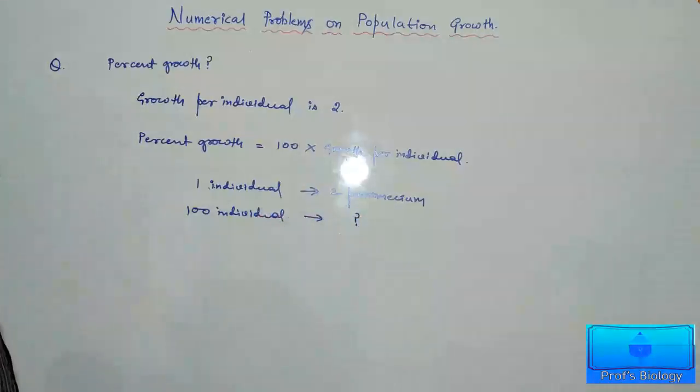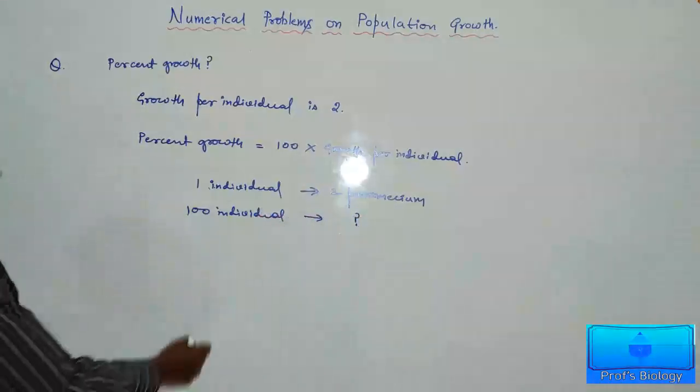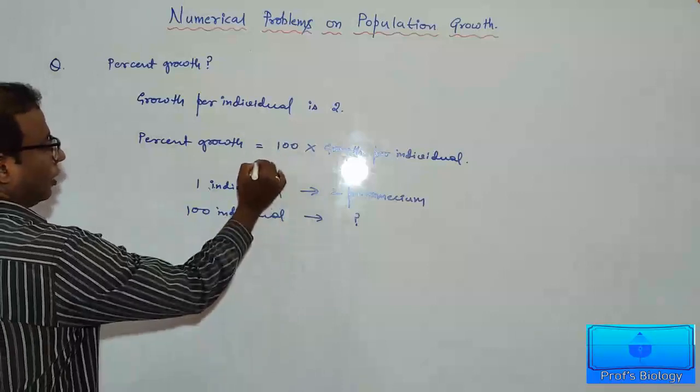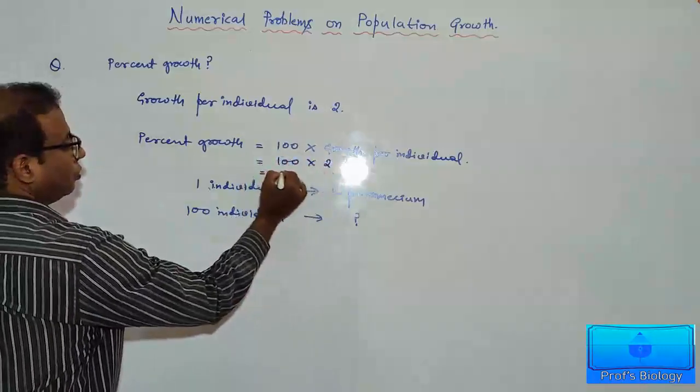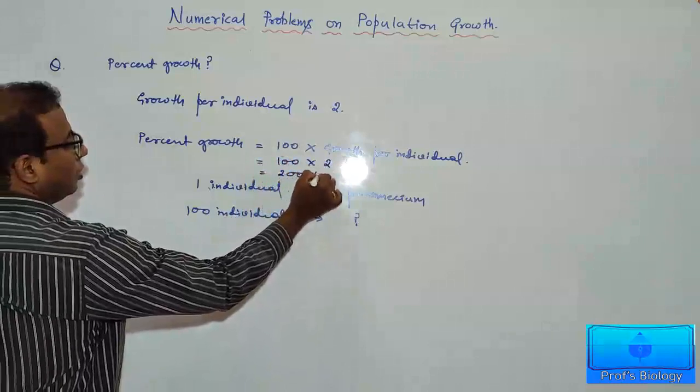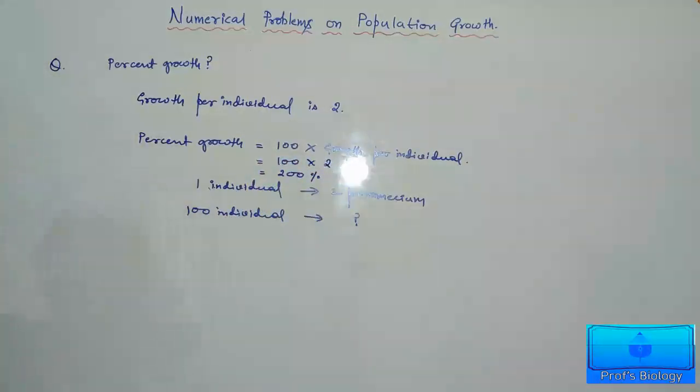That is what is percent growth. So it would be 100 into 2, which is 200%. So that means in every hour, the population is going to become double.